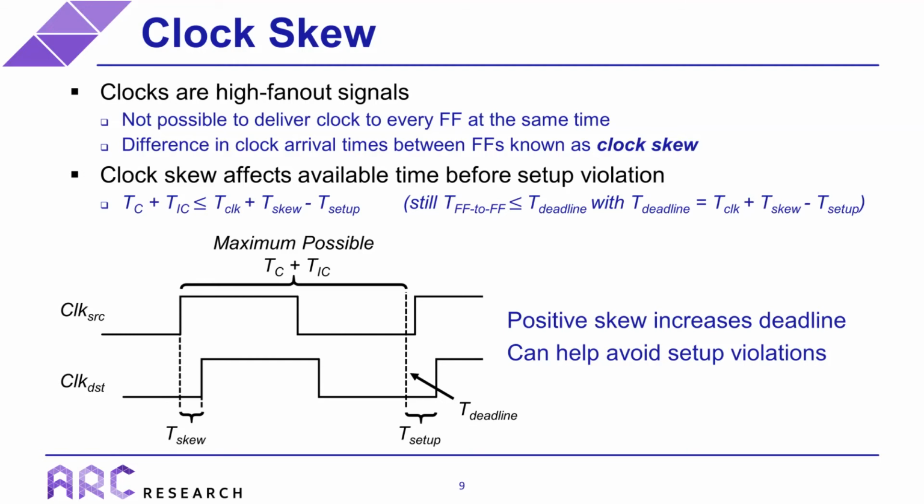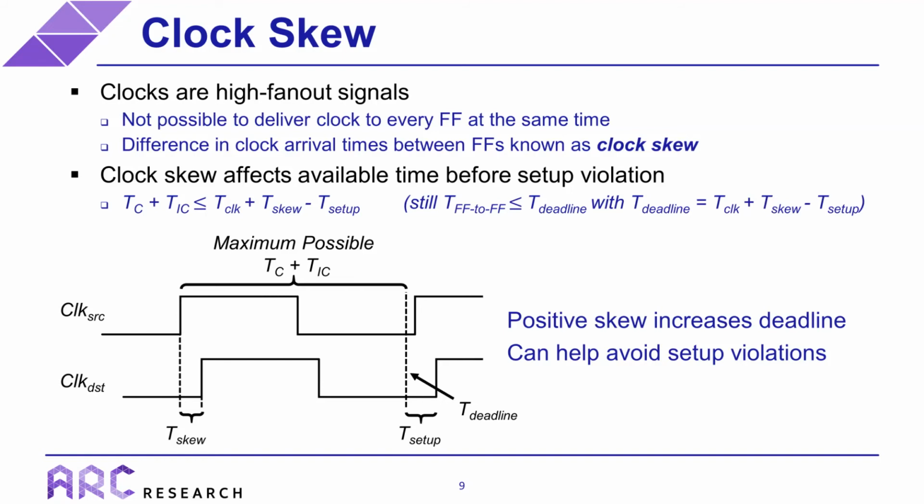When taking skew into consideration, this means that we now need to ensure that the summation of the cell delays and interconnect delays is less than or equal to the clock period plus the clock skew minus the setup time. Now again, this is still the same goal of ensuring that our delay between flip-flops is less than or equal to our deadline, but we've again updated that deadline to now include both the setup time and this new clock skew.